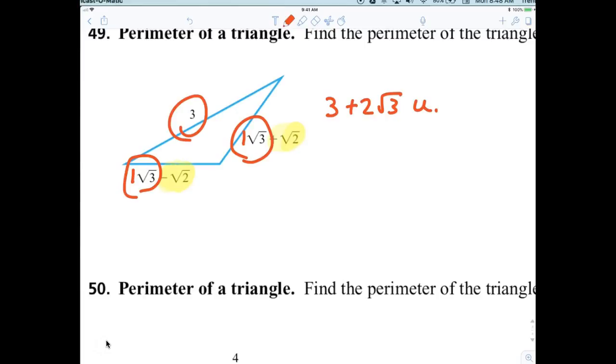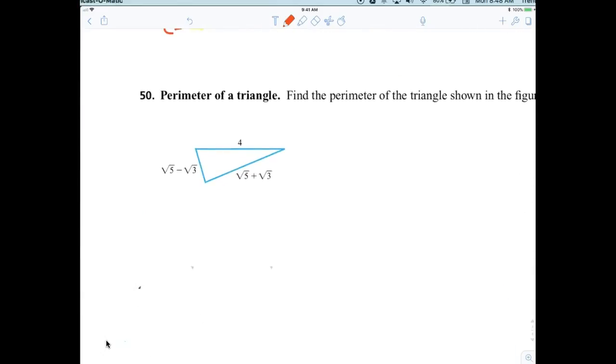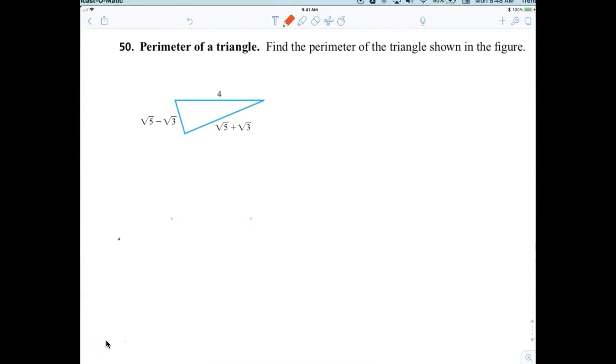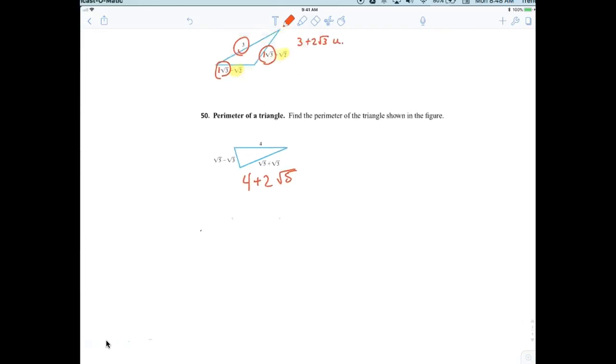All right? So let's take a look at number 50 just to make sure. The radical 3s cancel out. It's going to be 4 plus 2 radical 5. Now again, honestly, guys, there's time to finish. You should be able to zoom right down and do the evens.